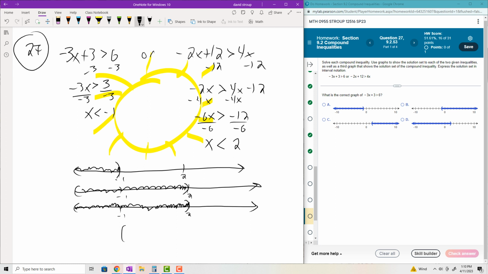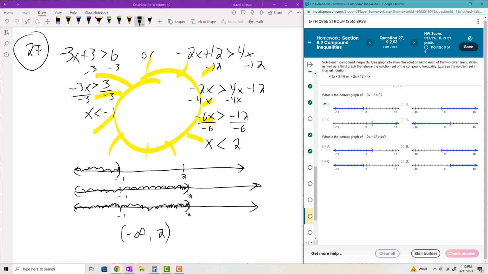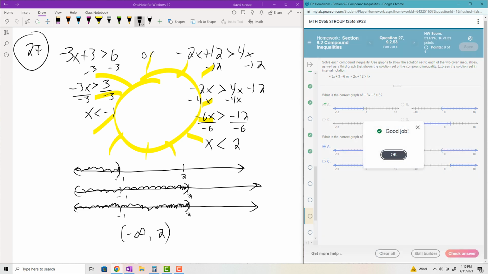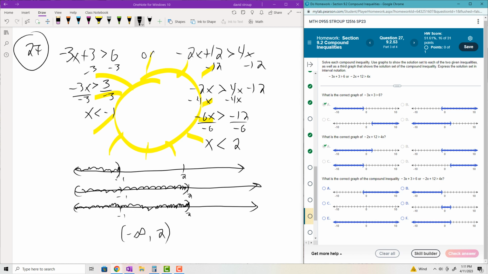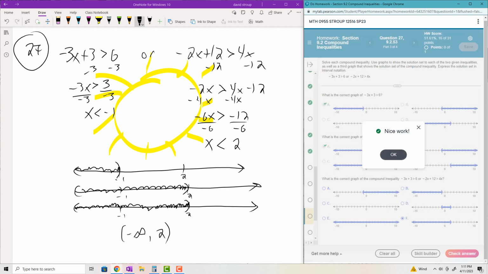So at the end, we have negative infinity to 2. Okay, so that is A. And then finally, negative infinity to 2 is the solution set.